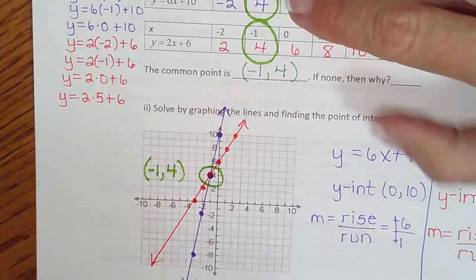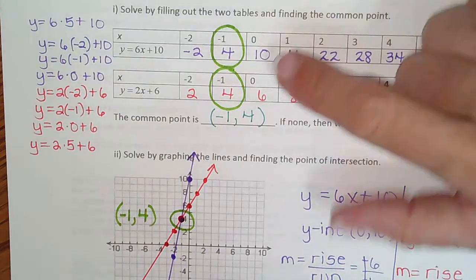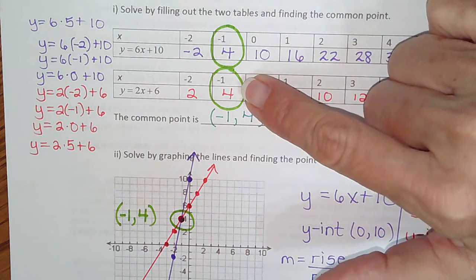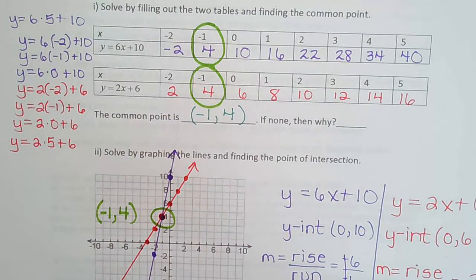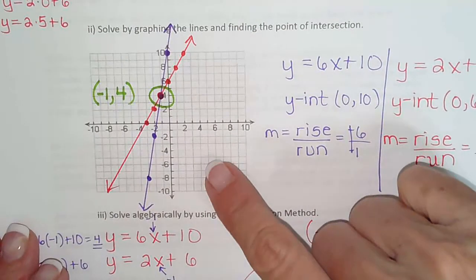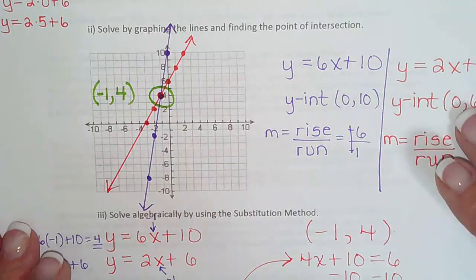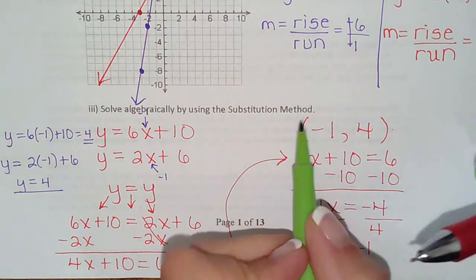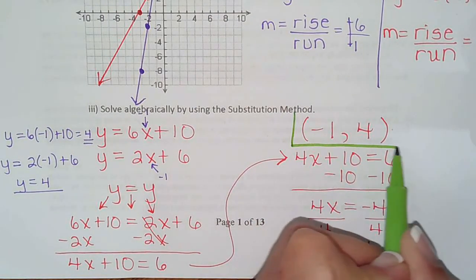So this is called solving the system numerically. So that means make a table, look for the number in common. This is called solving a system graphically, and this is called solving a system using algebra, specifically the substitution method. But notice they all yield the same answer.